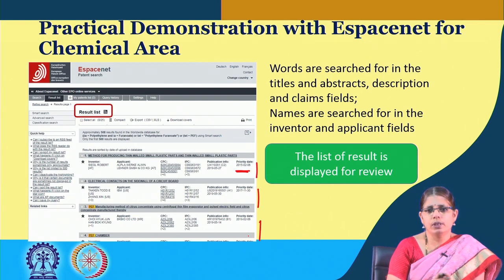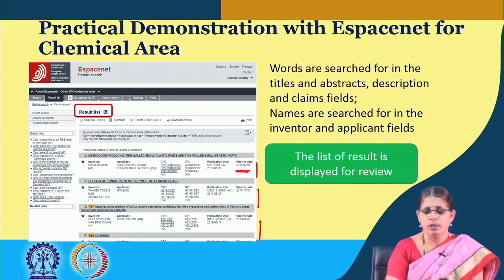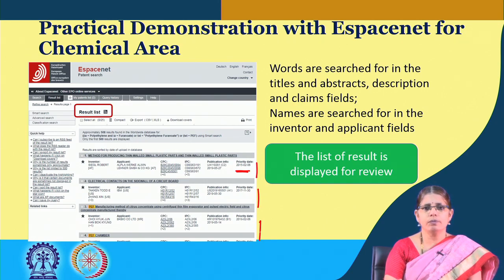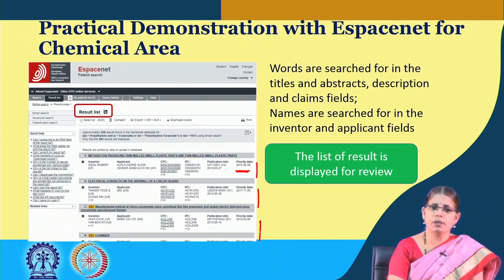So, one question that comes to our mind is where the keywords are searched. The keywords are essentially searched in the title, abstracts, description, and also the claim fields. So, one can now download this information and look at the results in terms of mapping of a particular set of data, or even providing priority information.